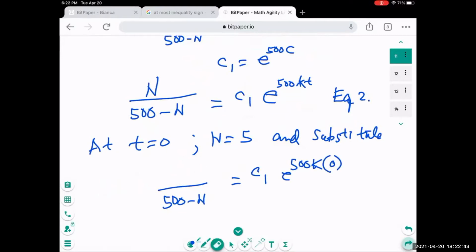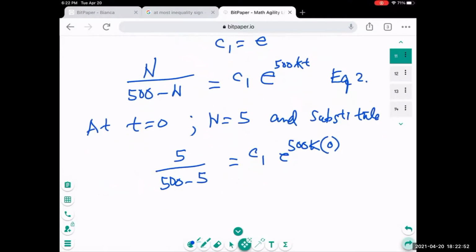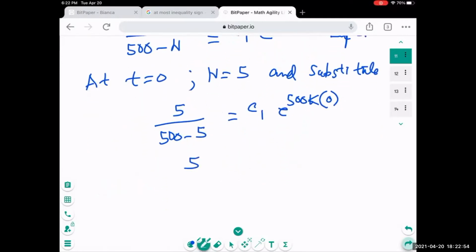Okay, so n is 5, sorry. Let's put 5 here and 5. So this is 5 over 495 equals c sub 1. Effectively, the exponential part would be 1.